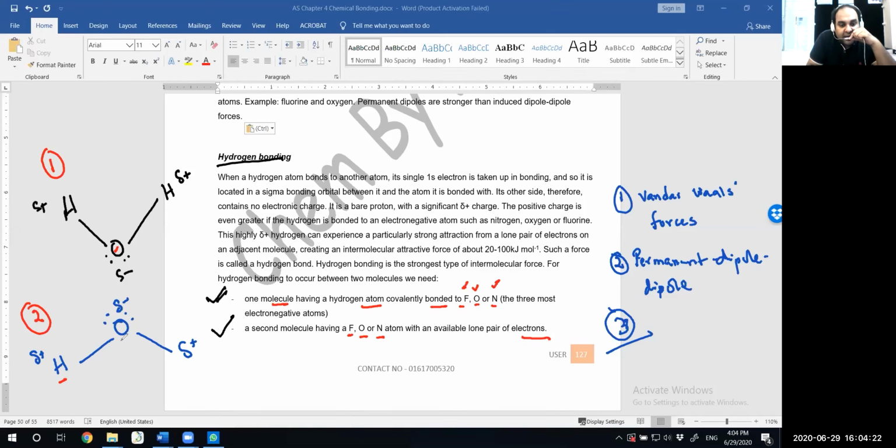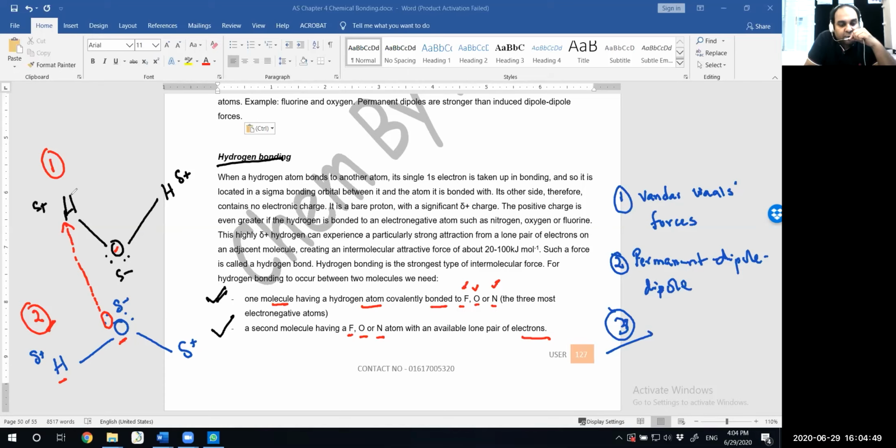So this oxygen has how many lone pairs of electrons? Two. Molecule number 2, which has an oxygen, has two lone pairs. So they'll donate this lone pair to this hydrogen. So I'll repeat. Hydrogen bonding has two things.